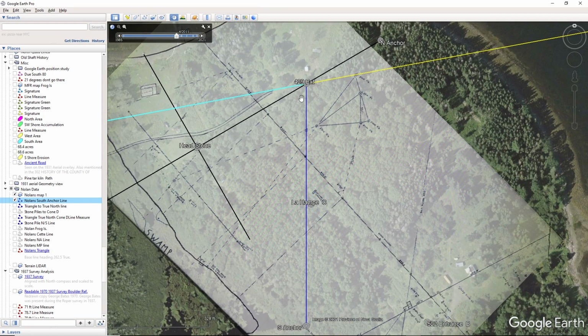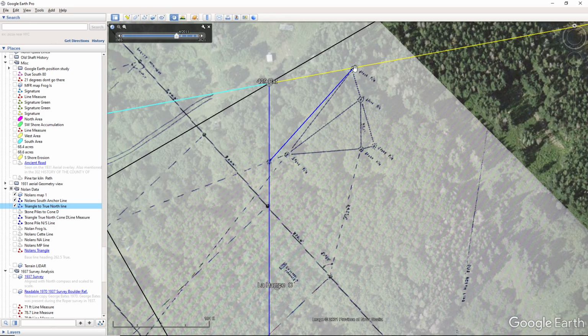So we have this north-south line that is established from this rock and the 429 extension. Then we have a sight line in here where we can develop this triangulation right there. So this may be the first step that they used.